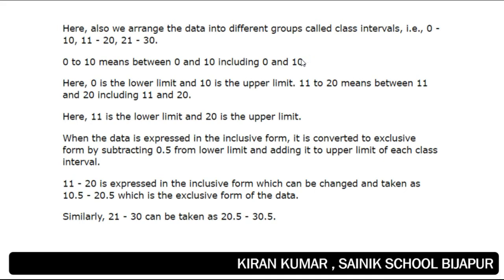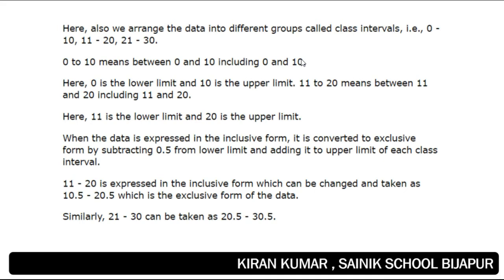If the data is expressed in the inclusive type, it is converted to exclusive by subtracting 0.5 from the lower limit and adding 0.5 to the upper limit.